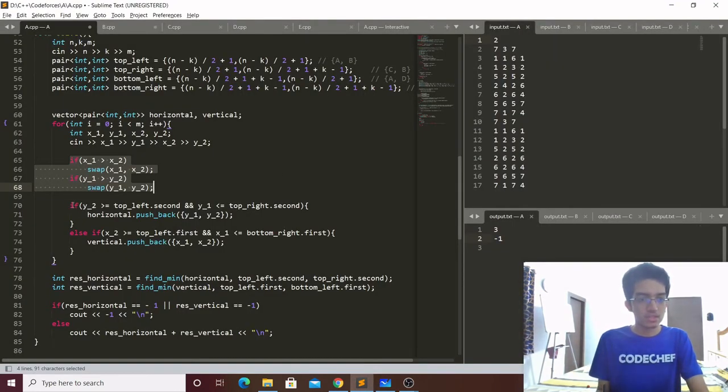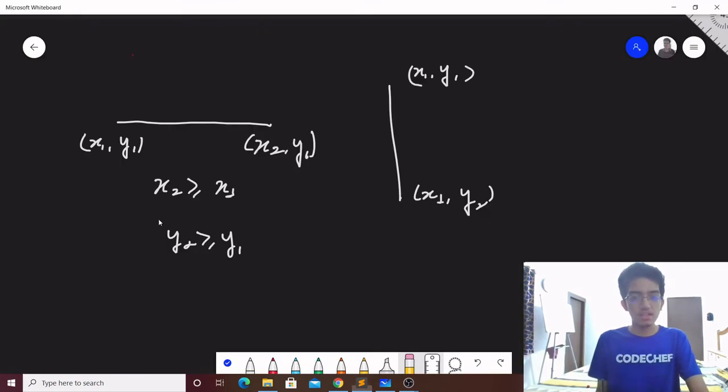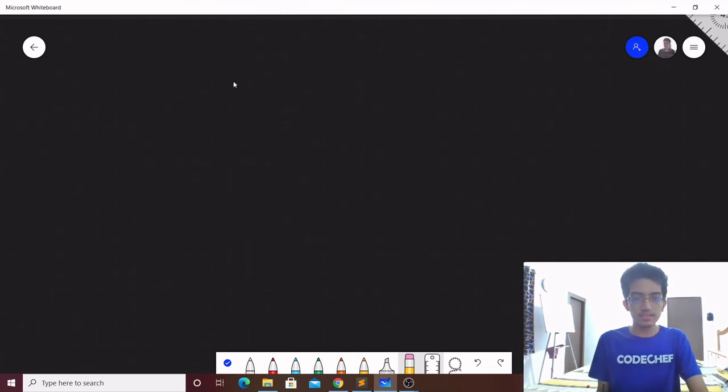Now we need to know if a snake protects the horizontal poison or the vertical poison. So let's say that this is a grid.